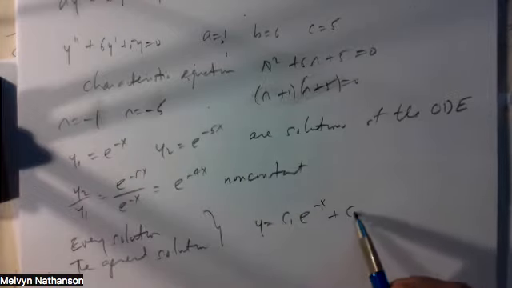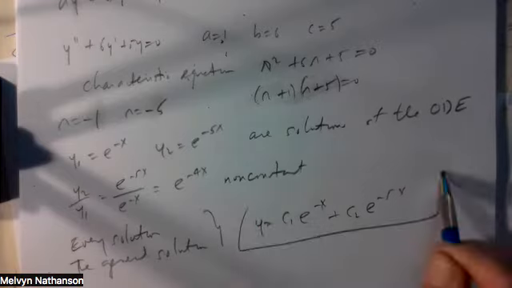So by the theorem in section 5.1, two solutions of any linear second order equation form a fundamental system if and only if the ratio is not a constant. So the general solution of the equation is y equals some constant times e to the minus x plus some constant times e to the minus 5x.